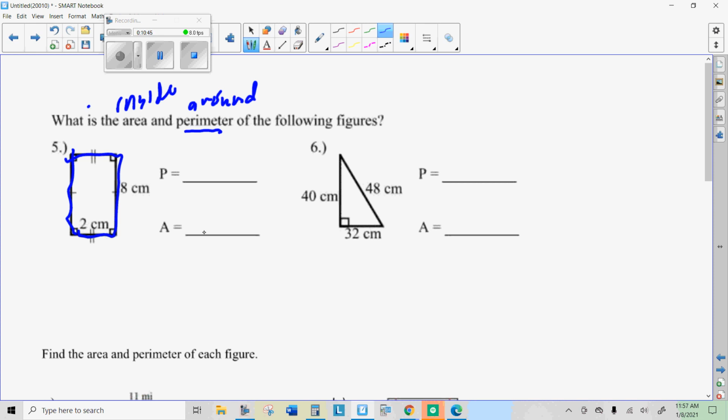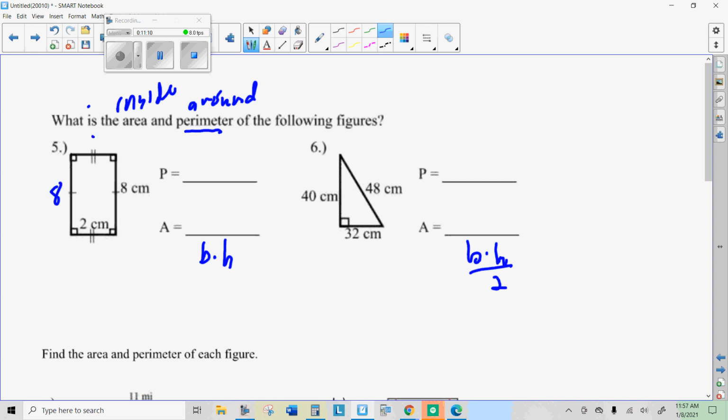And I will put the formula for perimeter, you just add up all the sides. I'm not going to put a formula for that. But for area, a rectangle is base times height. And for a triangle is base times height divided by 2.